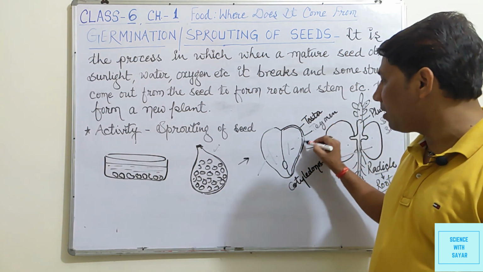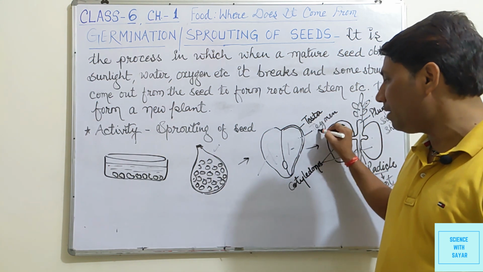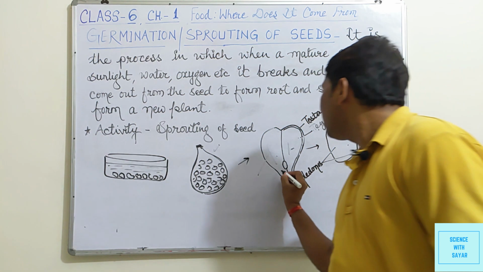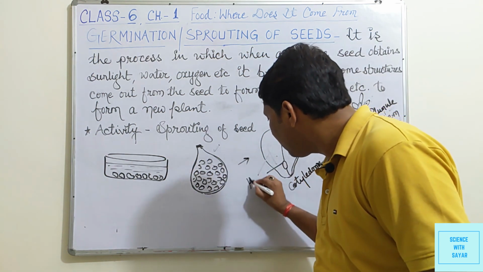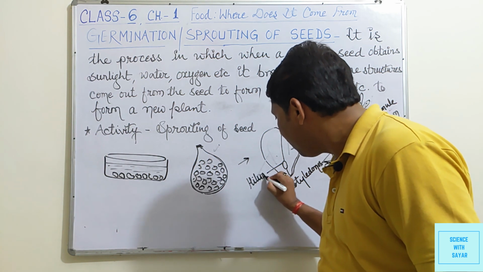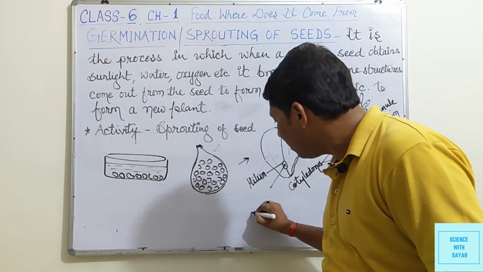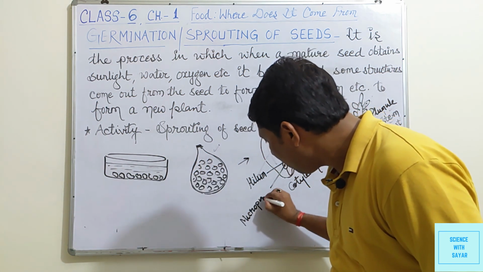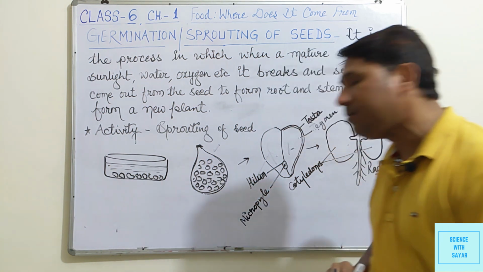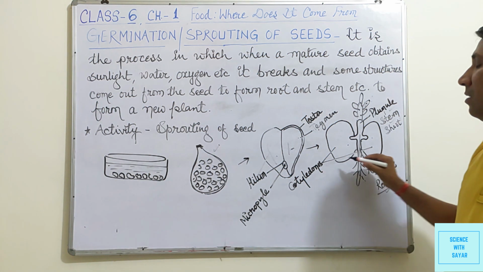There is the covering. Outer covering is known as testa, inner covering is known as tegmen, and this structure is known as hilum, and the pore-like structure is known as micropyle, through which these structures come out.